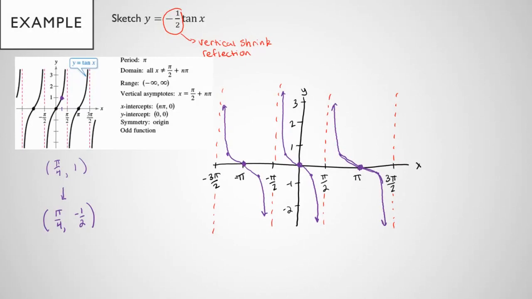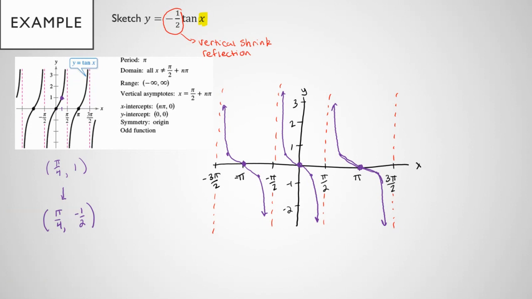So that will be the next example. Our asymptotes are going to be different, and that's because of what you have here. If it's tangent of x and you don't have anything happening to that x, it's just x, your asymptotes are going to be the same.